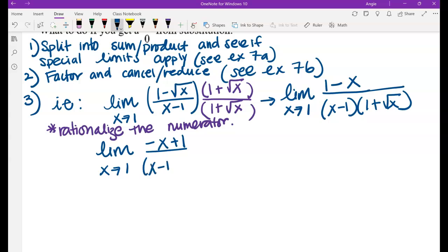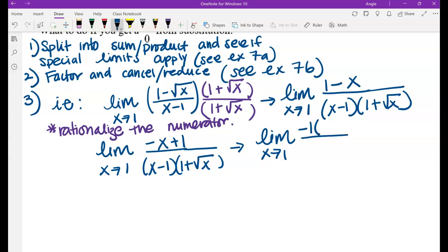Then if you look at the numerator, we are going to factor out a -1. Then we are going to have x minus 1.